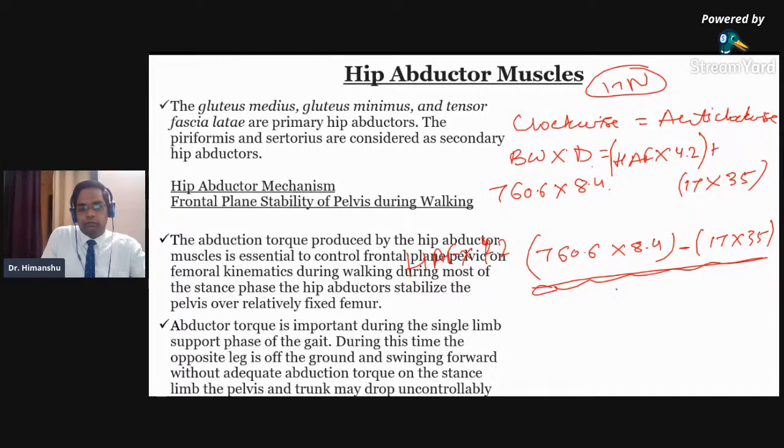So if you want, you can keep the 4.2 in the denominator here. Okay, so on calculating this, let me calculate and tell it to you. Wait, I have not calculated it by now. 760.6 multiplied by 8.4. So this will give you somewhere 6389.04.